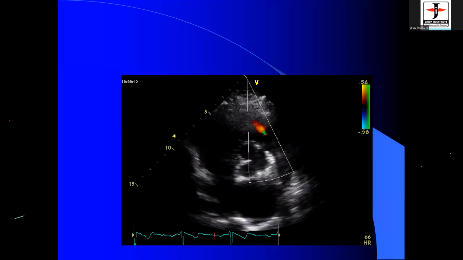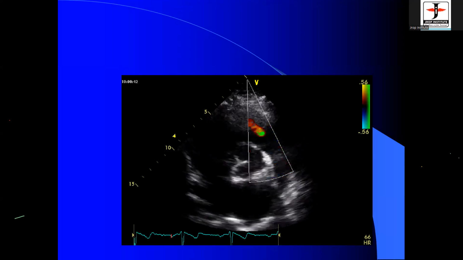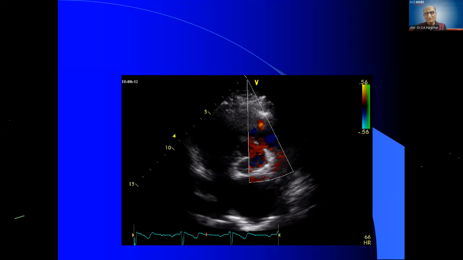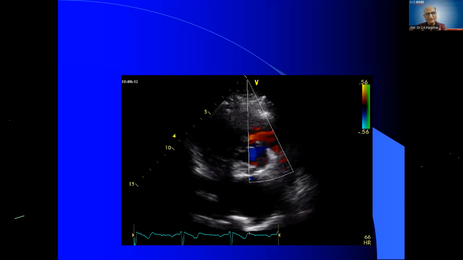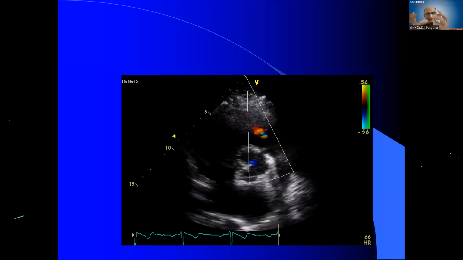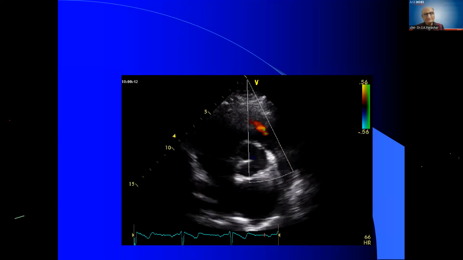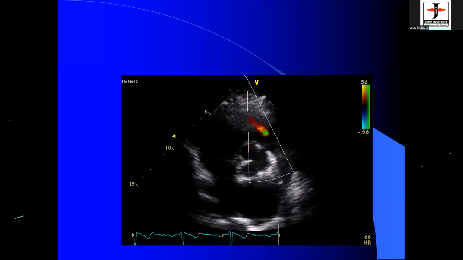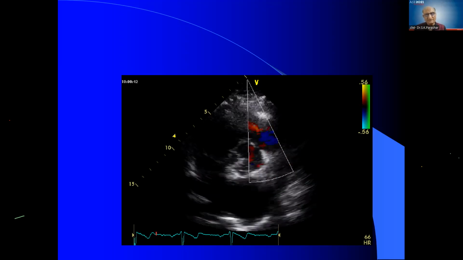Remember, there is also an RV outflow view. There are many views. The subcostal view I will show you next time, a beautiful pulmonary artery. Sir, at their level this is more than enough. Yes, that is why I have not shown it. I have only shown them this one thing.